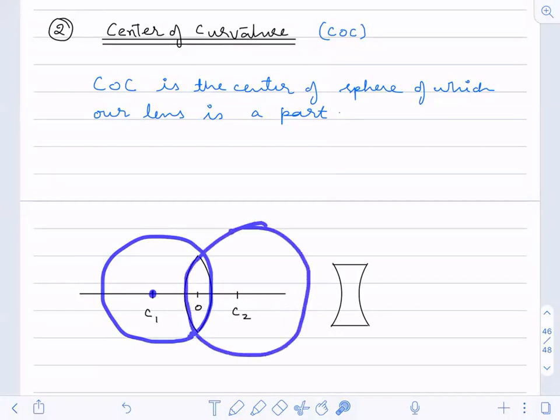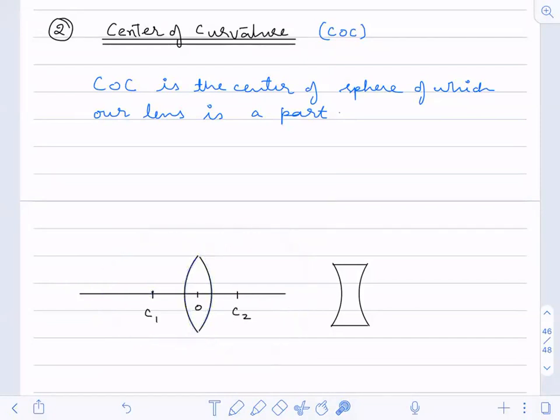So I'm keeping two different spheres, though it is made from one sphere only, suppose. But this distance as well as this distance will be the same. There is no doubt about that.